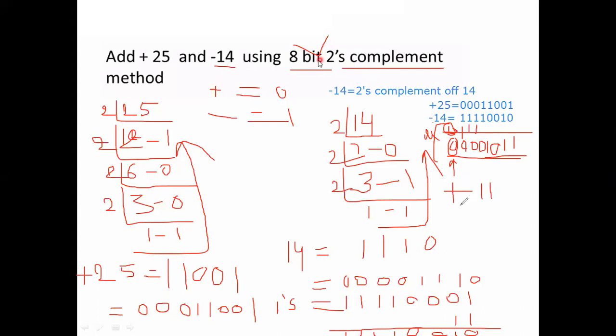Are you getting the correct result? How do we know whether we are getting the correct result or not? Already we know the decimal equivalent, how to calculate the addition.